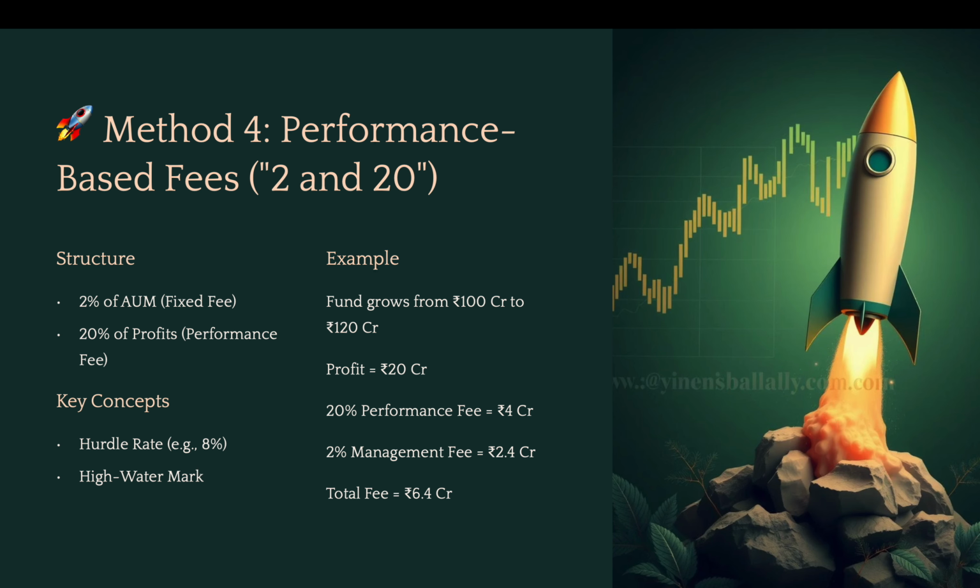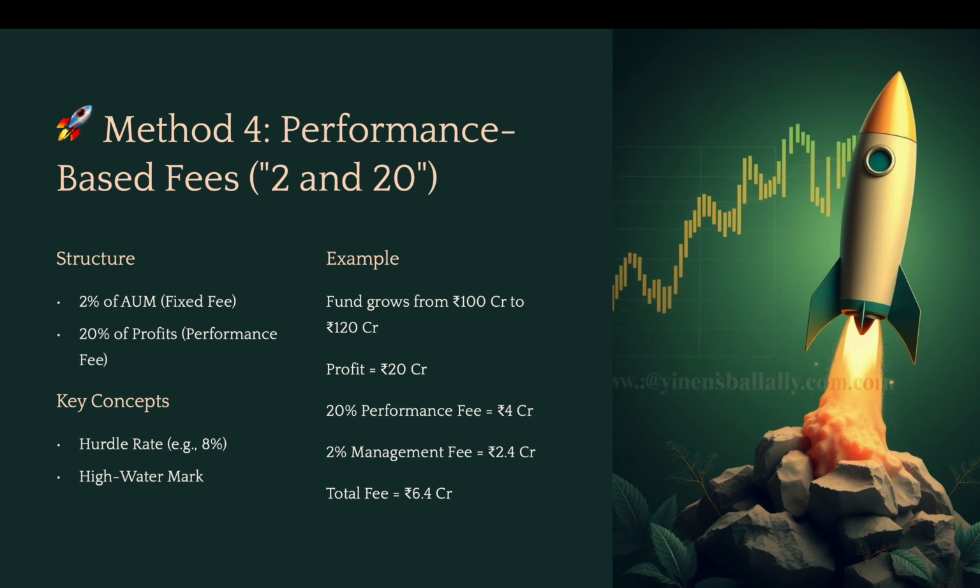Okay, for example, your AUM has reached from 100 crore to 120 crore. So if you calculate 2% of 120 crore, it will come around 2.4 crore. So 2.4 is given to the general partner. The other 4 crore is a benchmark for the 8% hurdle rate.